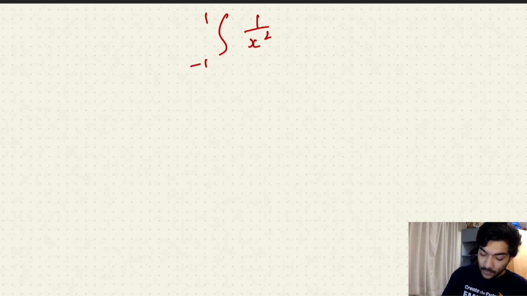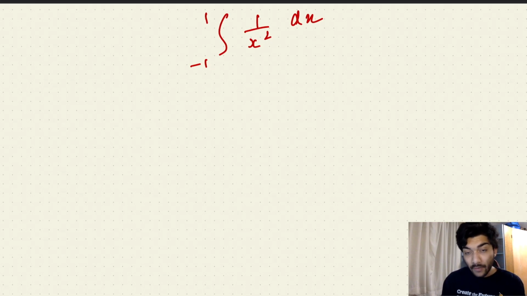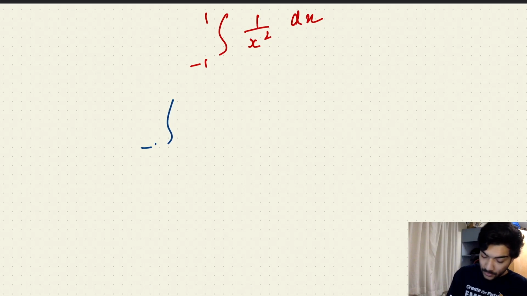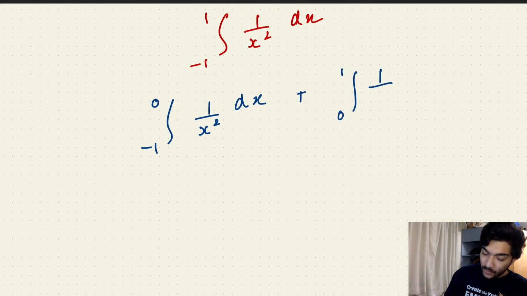Since we have to calculate the integral from -1 to 1 for 1 upon x squared dx, we'll first split it into two parts such that we have 0 in the middle. So this would be simply -1 to 0 for 1 upon x squared dx plus 0 to 1 for again 1 upon x squared dx.